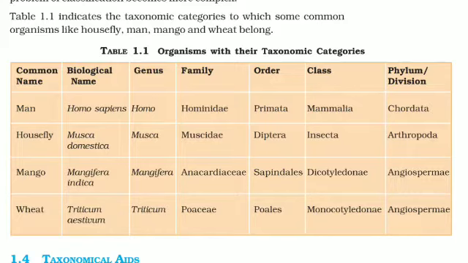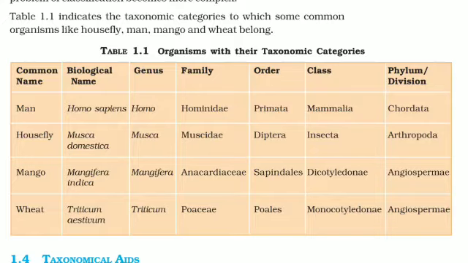So under phylum, Chordata. Then you have housefly, Musca domestica. This belongs to the genus Musca and family Muscidae, and the order Diptera, class Insecta, and phylum Arthropoda. So these two belong to the kingdom Animalia. Under kingdom Animalia, you have phylum Chordata and phylum Arthropoda.